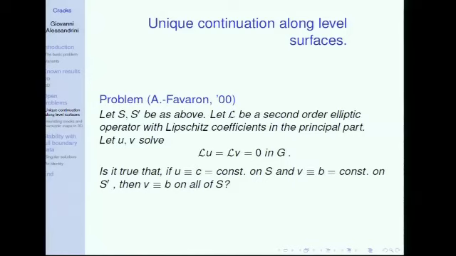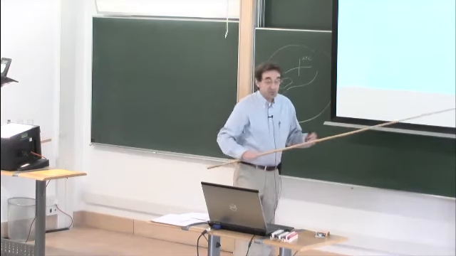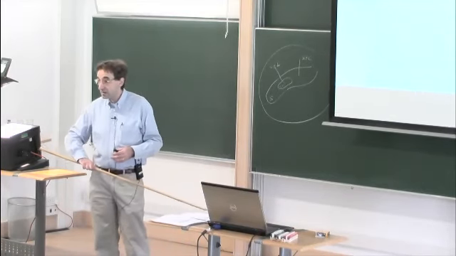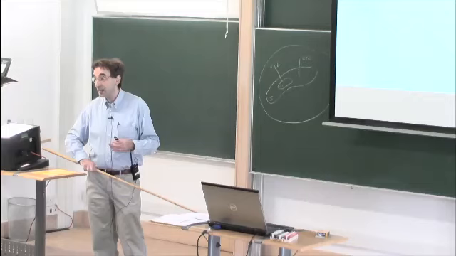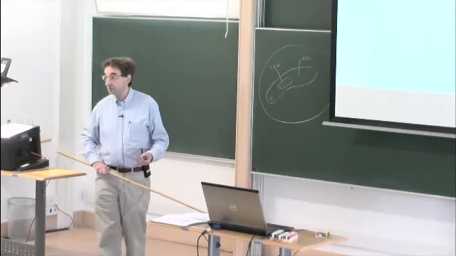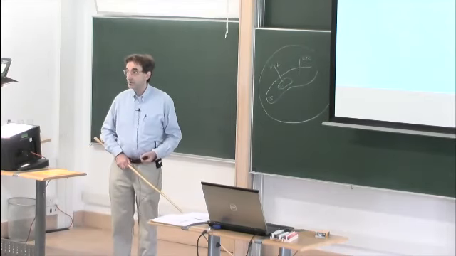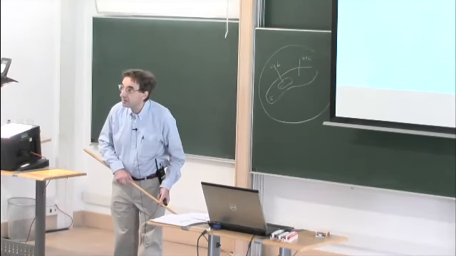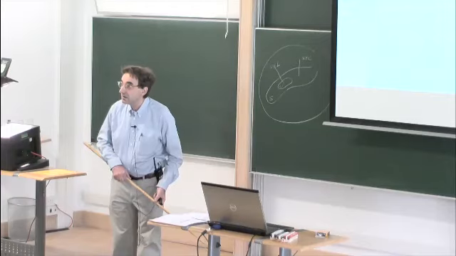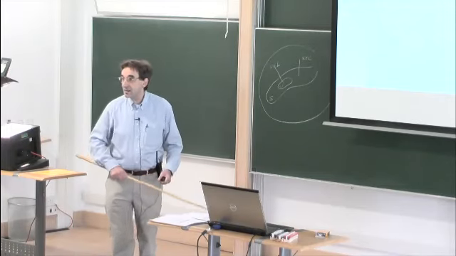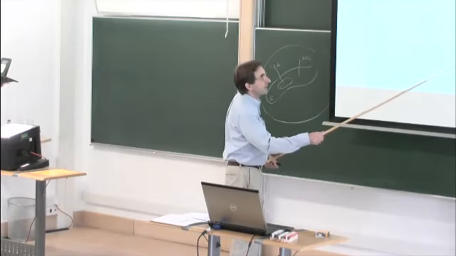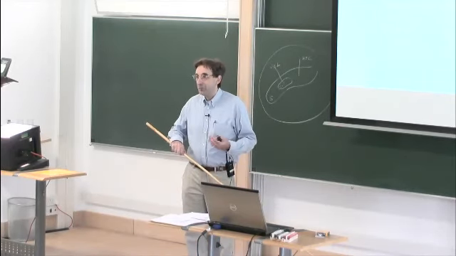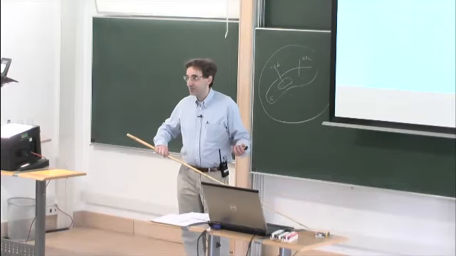What I have to do with them, they're just two solutions. And the only relation that we know is that V is constant on a smaller subset of a level surface of U. No, because this solution V is constant on a set which has to be part of a level set of another solution.